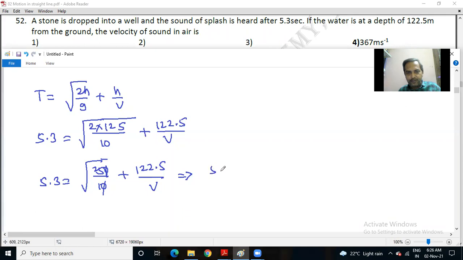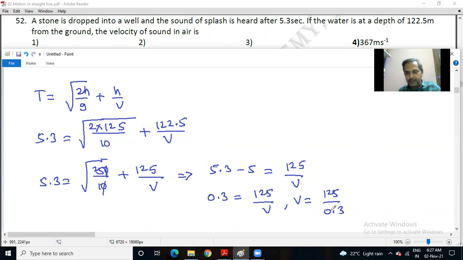So therefore 5.3 minus 5 on the left side, is equal to 125 by v, because you continue to take 125 as before. Now this is 0.3 is equal to 125 by v. Now v is equal to 125 by 0.3. If you cancel the decimal point, it will be 1250 by 3.